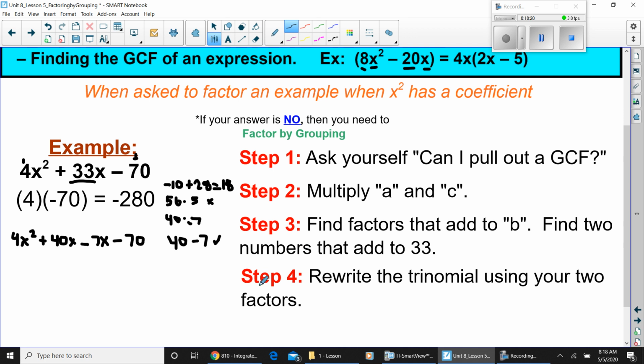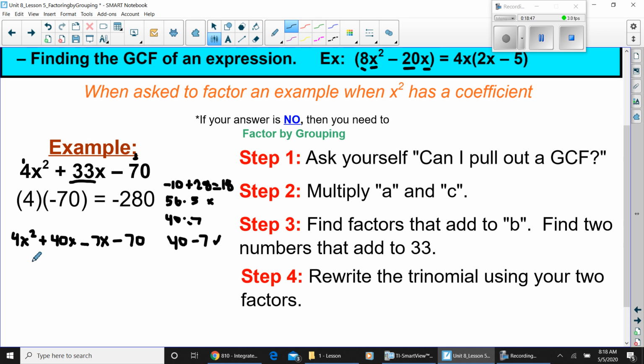Now step 4 is to rewrite. Once you find those factors, you have to go ahead and bring down the 4x squared, and now b, that whole b, is not 33x anymore. It is 33x, but it's split up. It's 40x minus 7x, which is 33x, and you bring down that negative 70.